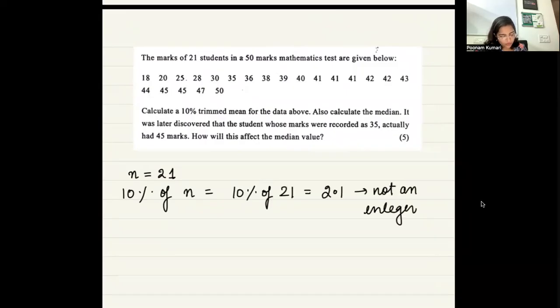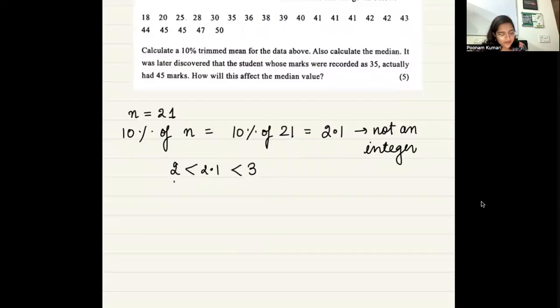So then what do we do? This 2.1 is greater than 2 and less than 3, right? First, we have to find the trimmed mean by removing 2 observations, and then the trimmed mean by removing 3 observations. Then we give appropriate weights to get the 10% trimmed mean.